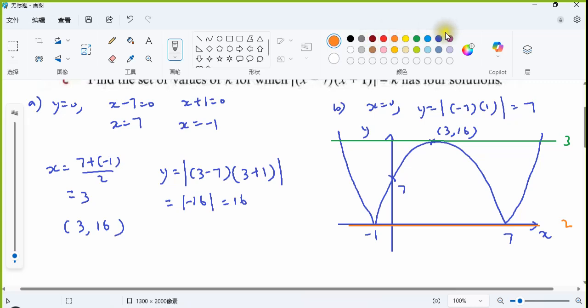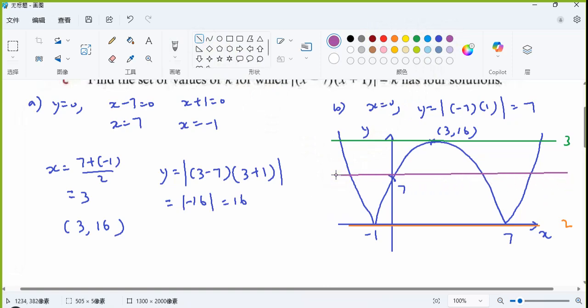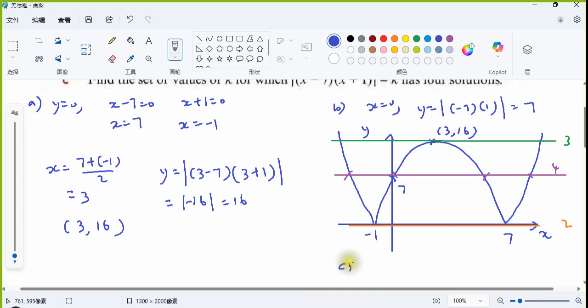And when it is in the middle, between 0 and 16, then we have 1, 2, 3, 4, four solutions. So part C, the value of k is between 0 and 16, not inclusive.